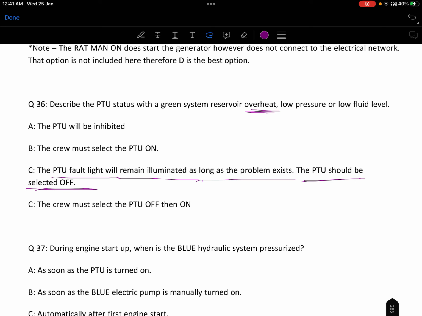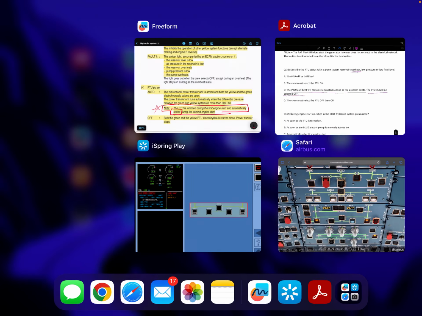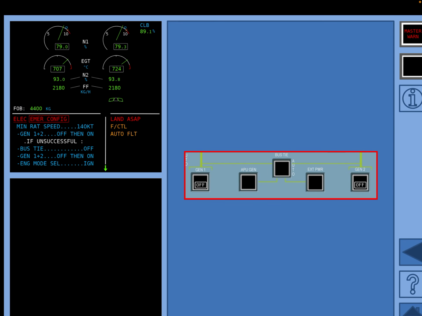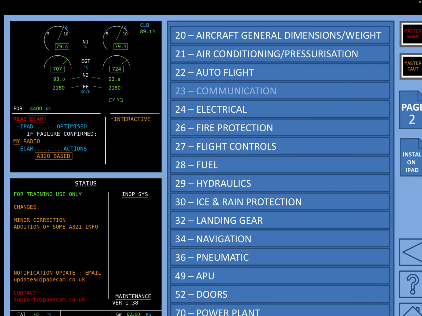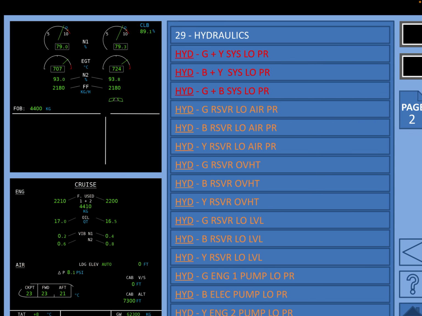Reservoir is overheat, so PTU fault light will remain illuminated as long as the problem exists. PTU should be selected off. You should select PTU off. These are some practical things. One more thing, PTU does not inhibit automatically, so you need to switch it off.